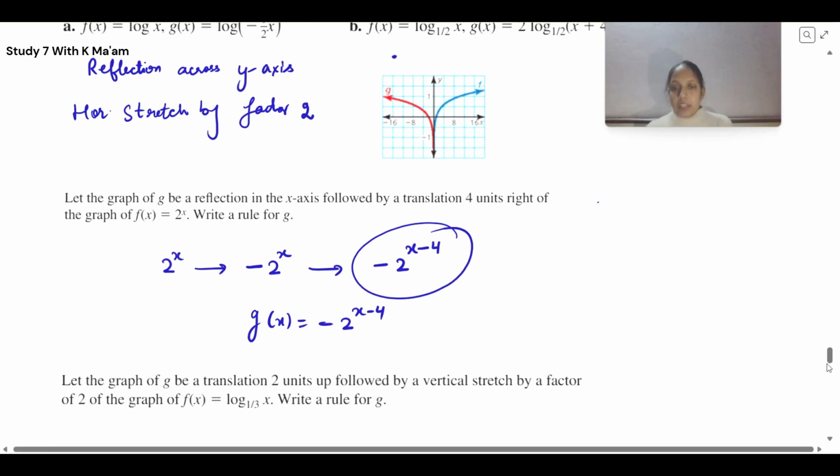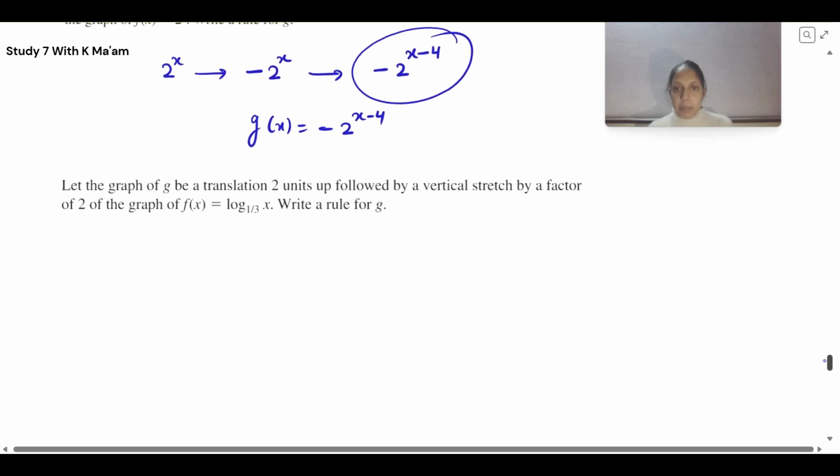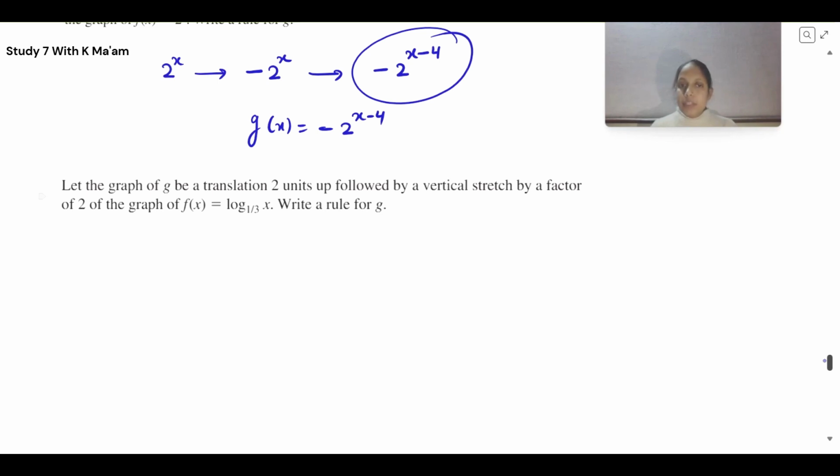Next, let the graph of g be translated 2 units up, then vertical stretch, of this function. f(x) is given, and we are applying the transformations on it. See, log base 1 over 3 of x. First transformation is 2 units up. Up means outside addition; 1 over 3 is in the base.